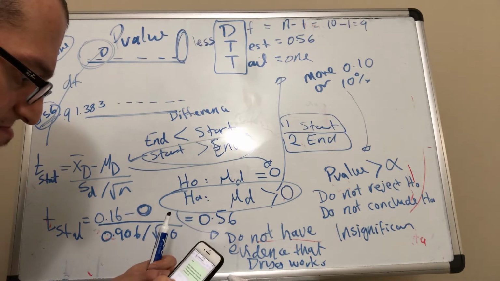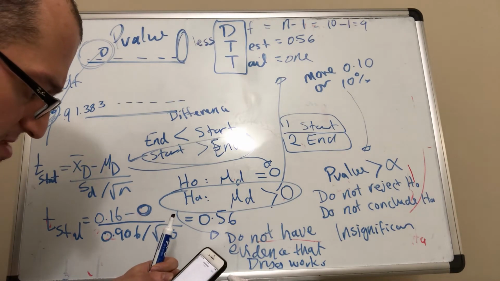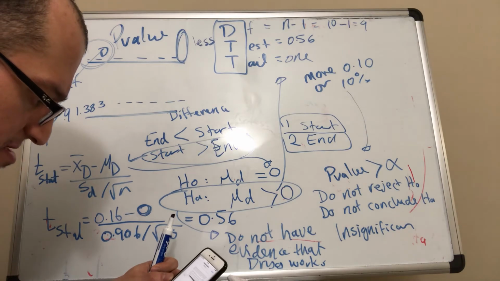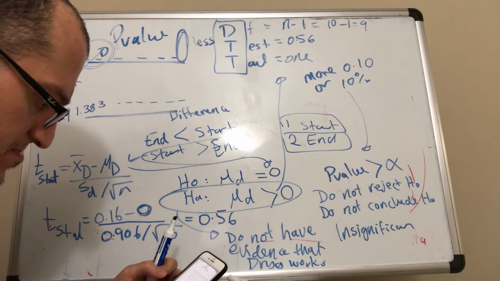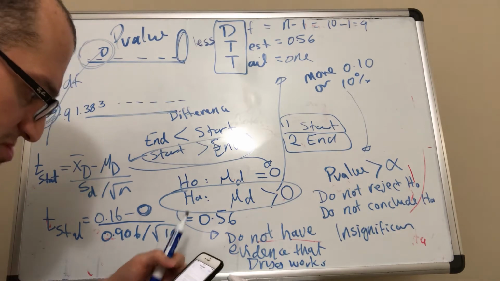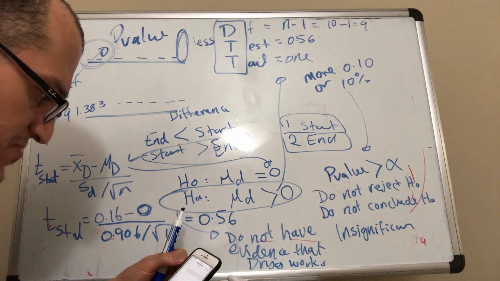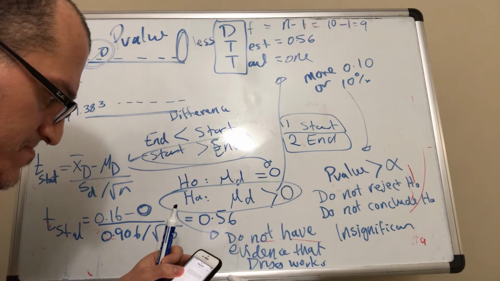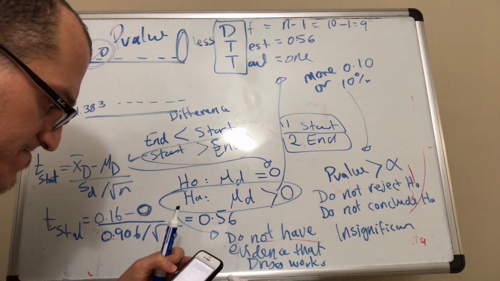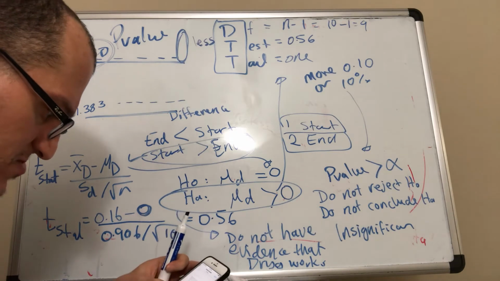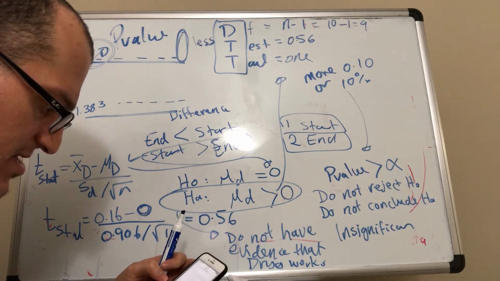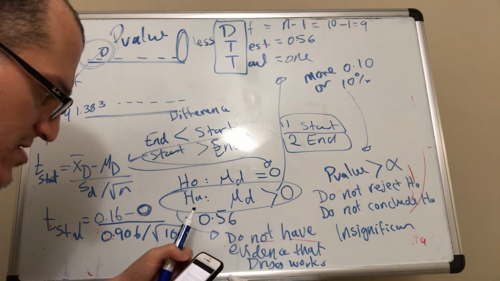Okay, I'm going to go back to the question now. We did the first part. Now the second part of the question is to do a confidence interval. I'm just looking for it here.